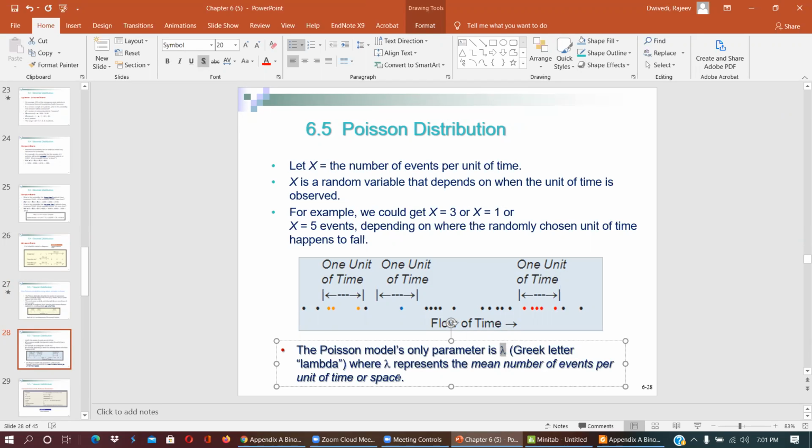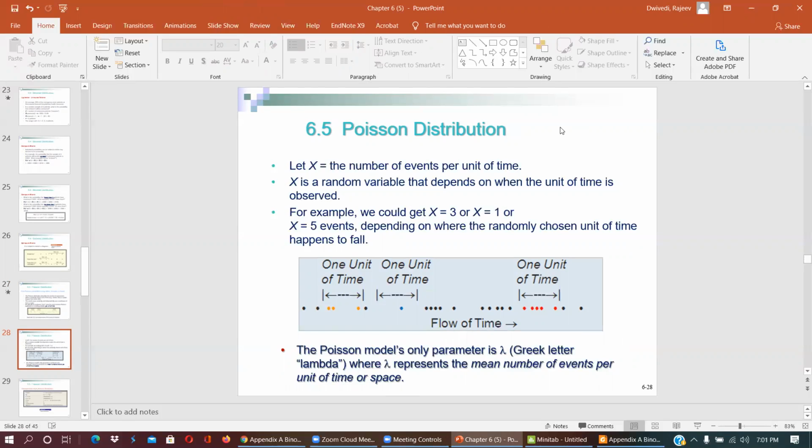There are many examples. On a particular store, on average 20 customers visit or arrive hourly, or in a 1-800 call center, on average 20 complaints are reported.